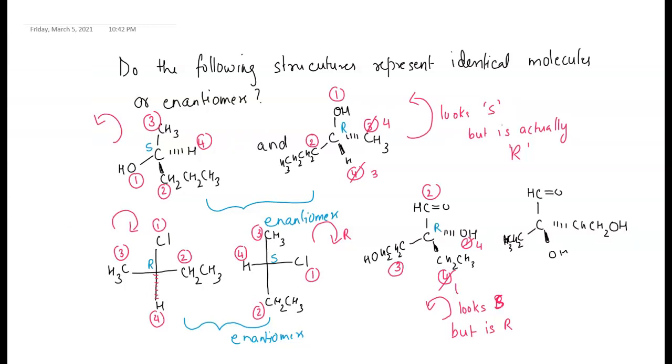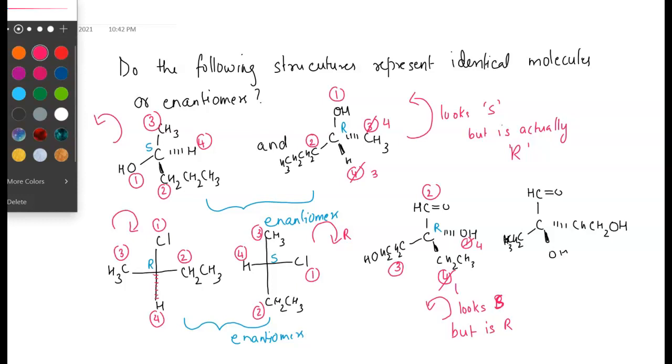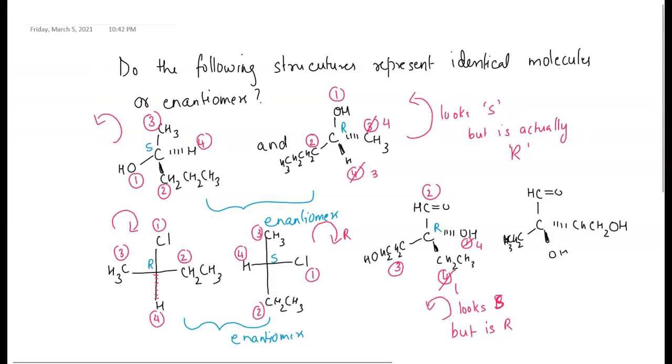Now let's look at the next pair we have here. Number 1 is OH. Number 2 is my aldehyde. The third group is this one, and this is my fourth, right? CH2, CH3. Now again, I have to do the swap because CH2 CH3 is the lowest priority and it has to be at the back here.